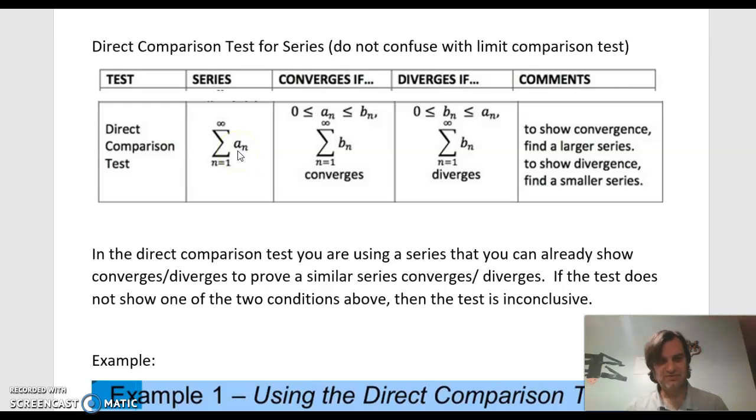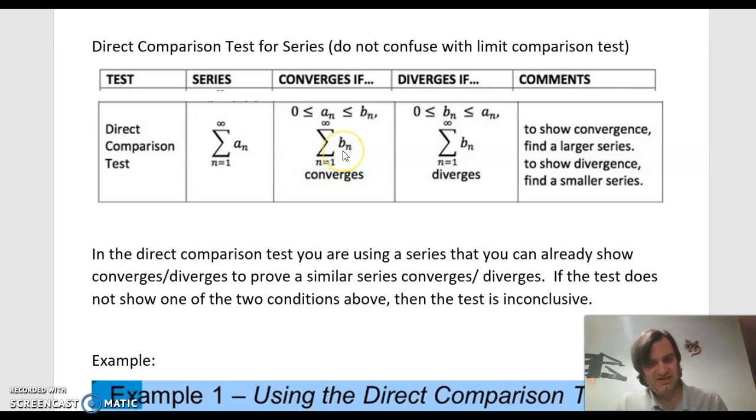A is the series in question that we're trying to figure out if it converges or diverges. If we think A converges, but maybe it's complicated, maybe we can't integrate it, or maybe it's just wordy so that it's hard to take the limit of, we could find something a little bit simpler that we can test out.